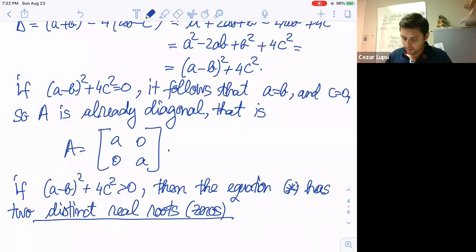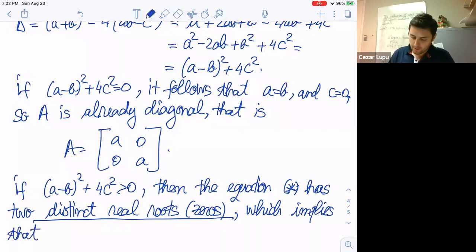Which implies that A has two distinct real eigenvalues.